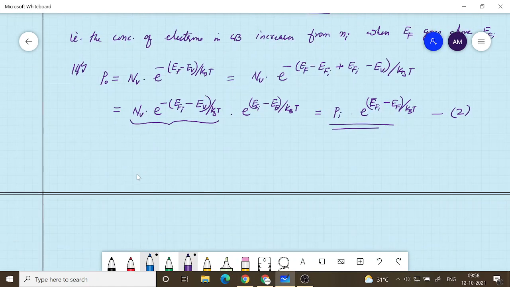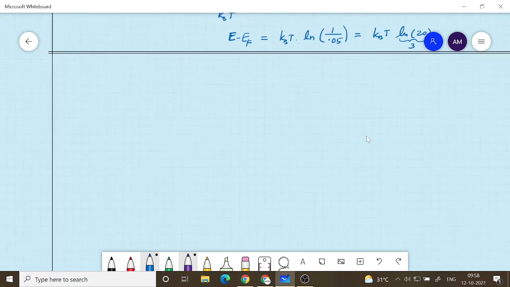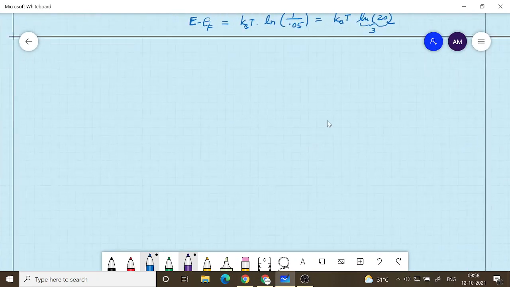Okay, so let me again write both equations. Thus we have two expressions each for N0 and P0.